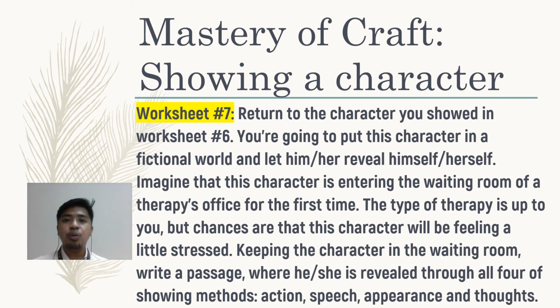It's up to you what kind of therapy that is. But chances are that the character will be feeling a little stressed. Now, keeping the character in the waiting room, I want you to write a passage wherein he or she is revealed through the four methods: action, speech, appearance, and thoughts.